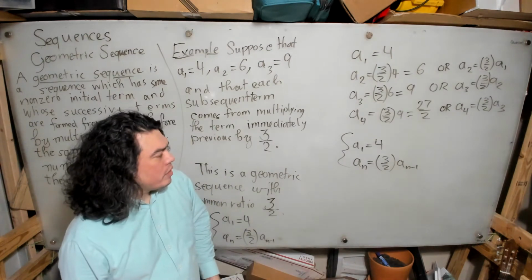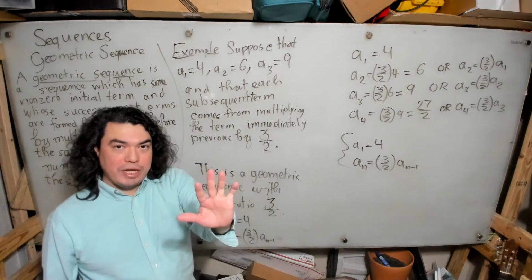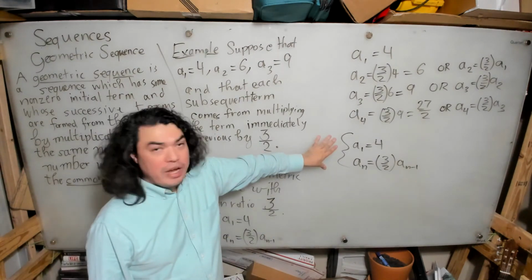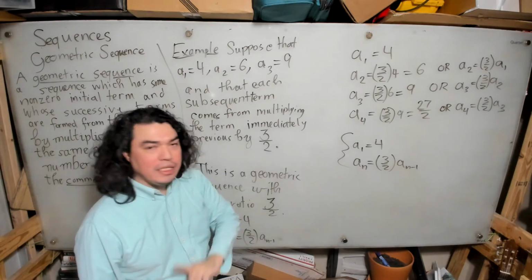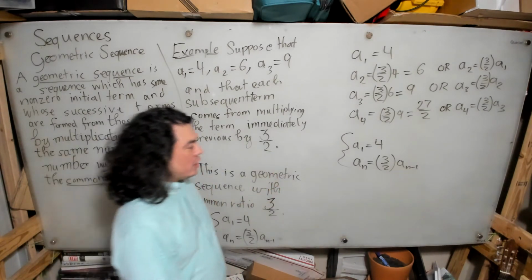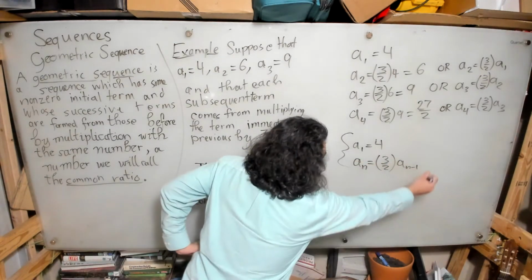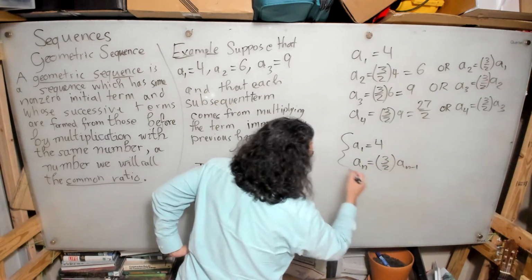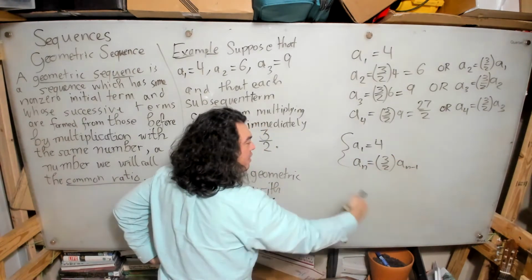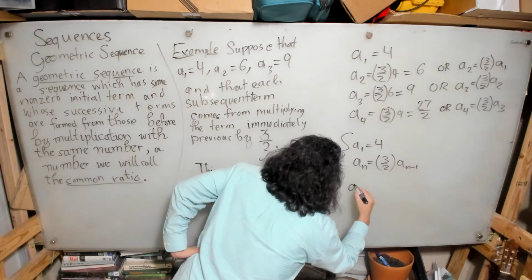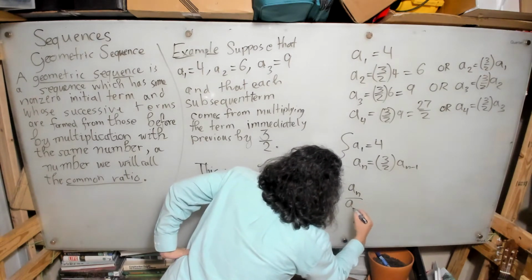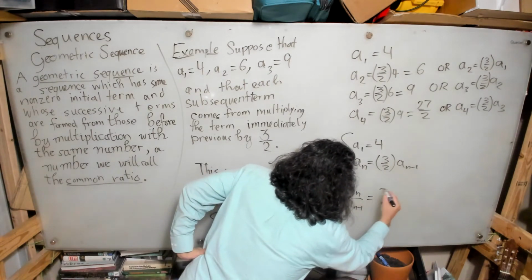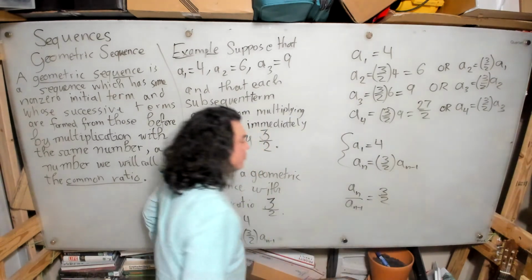Now, let me also make a brief point here. If we have the recurrence relation, we can immediately see what the common ratio is. Because if I take this part of the recurrence relation and divide by a(n minus 1), I get an over a(n minus 1) equal to 3/2.